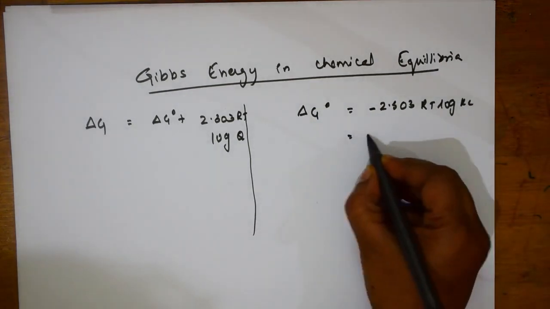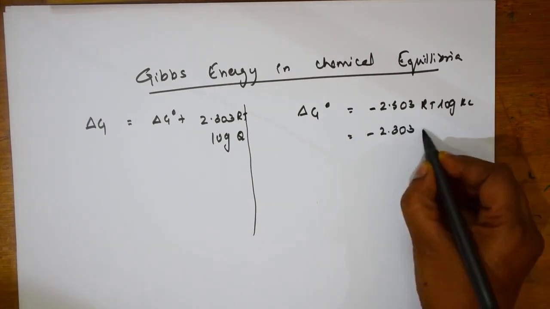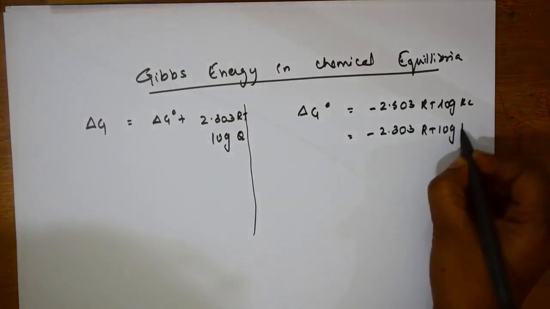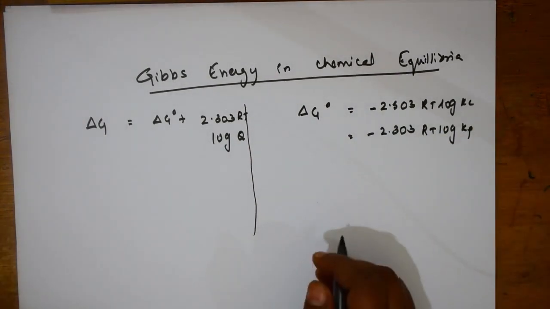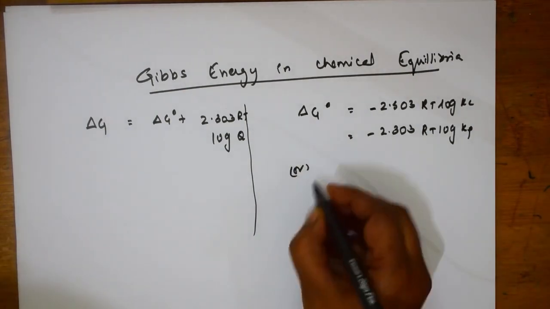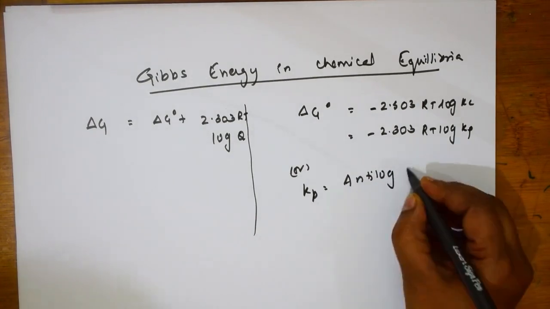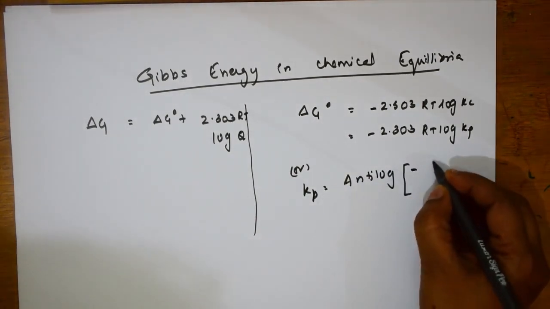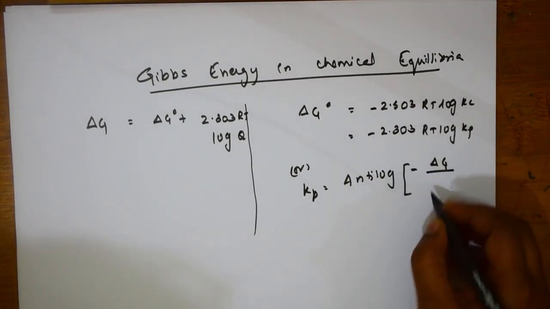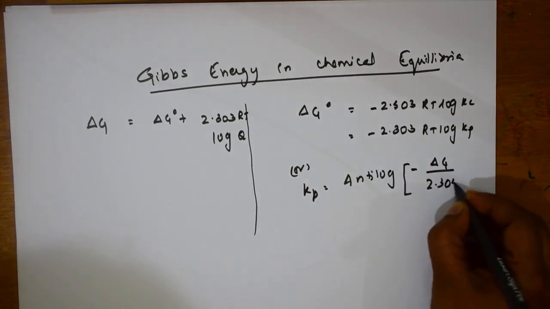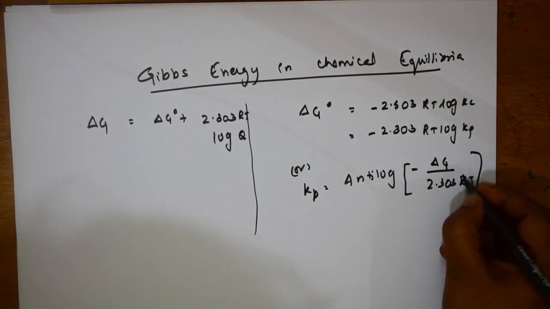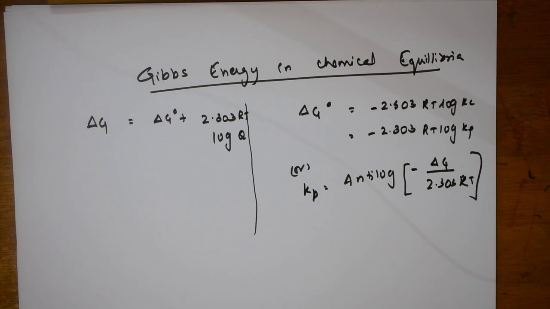I can also write this as 2.303 RT log Kp, because we have related Kc and Kp. Or I can write it as Kp is equal to anti-log of minus delta G naught by 2.303 RT. That's it. These are the formulas. You will be using these two formulas in different numericals.